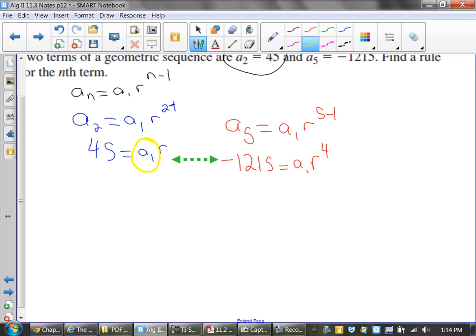How do I get the first term by itself in this equation? Good. Divide both sides by r. So that way 45 over r is the first term. Because now what can I do in the second equation?